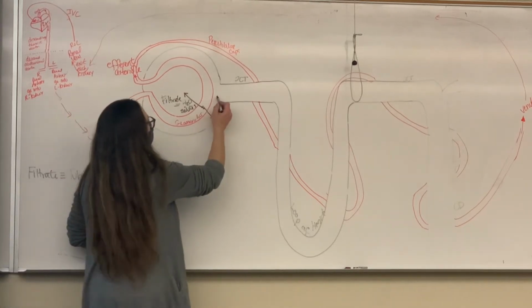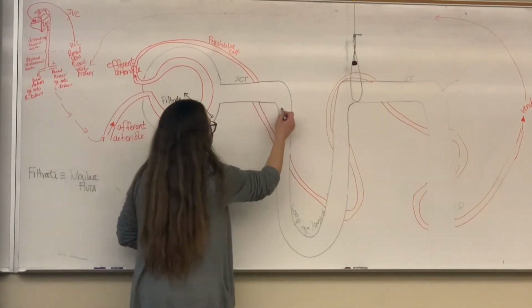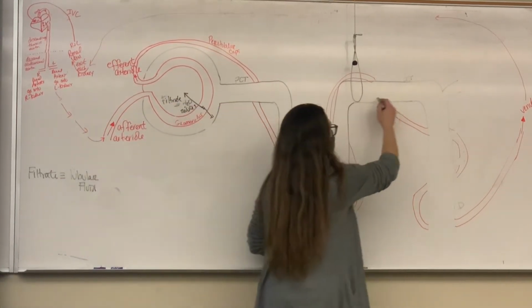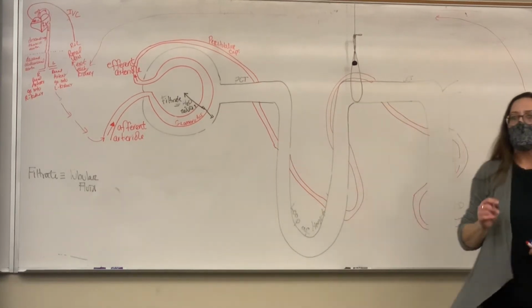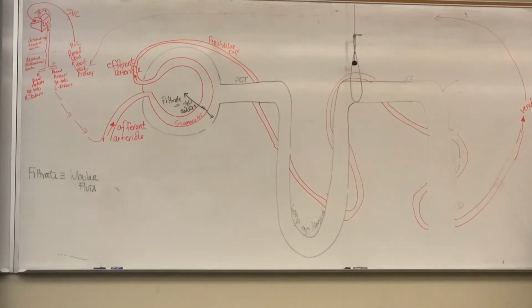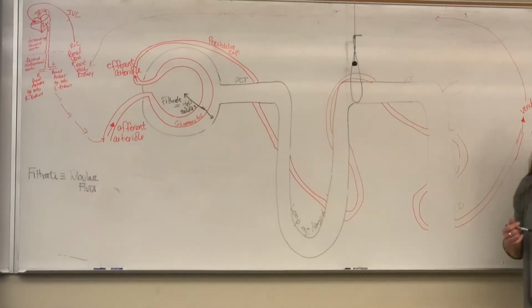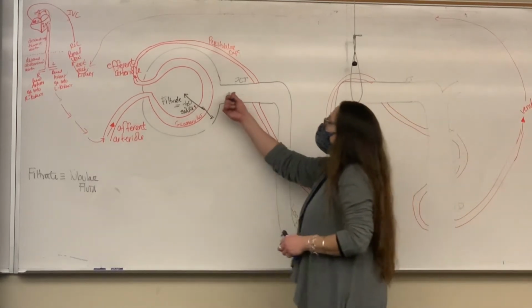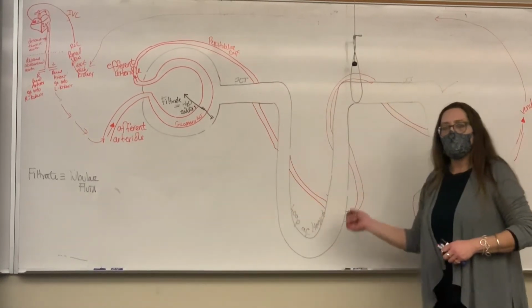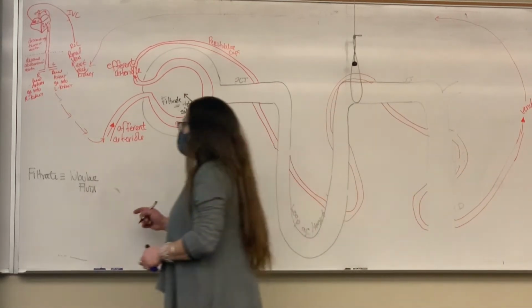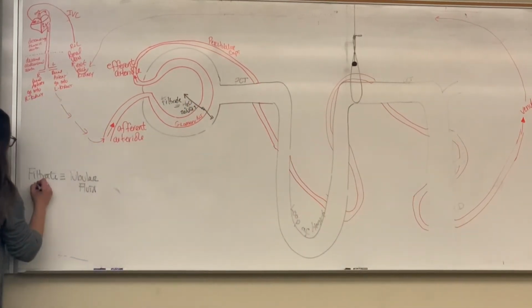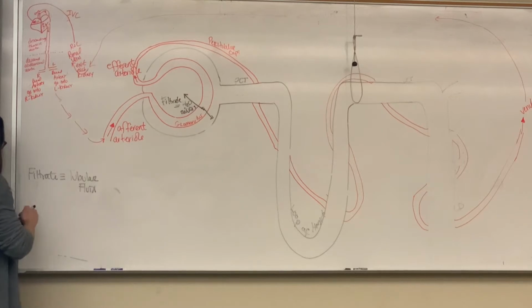As this filtrate starts traveling through the PCT, the loop of Henle, the DCT, and the collecting duct, it's also called tubular fluid. It's the fluid in the tube.